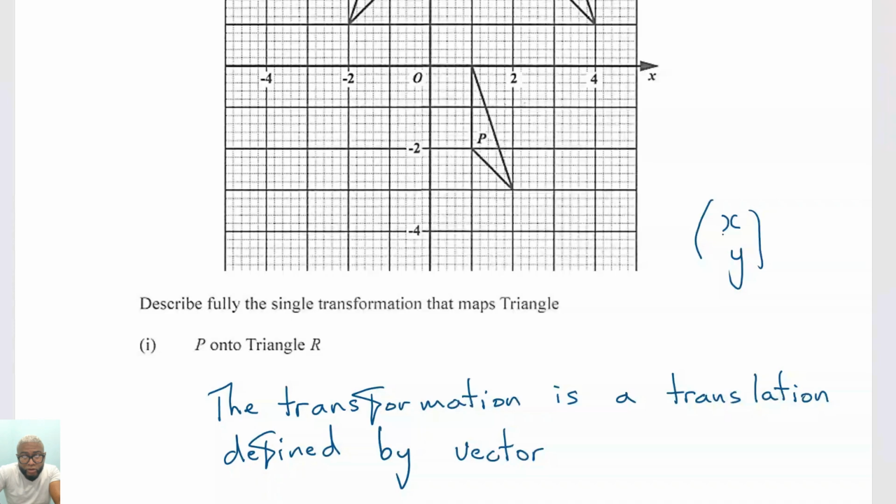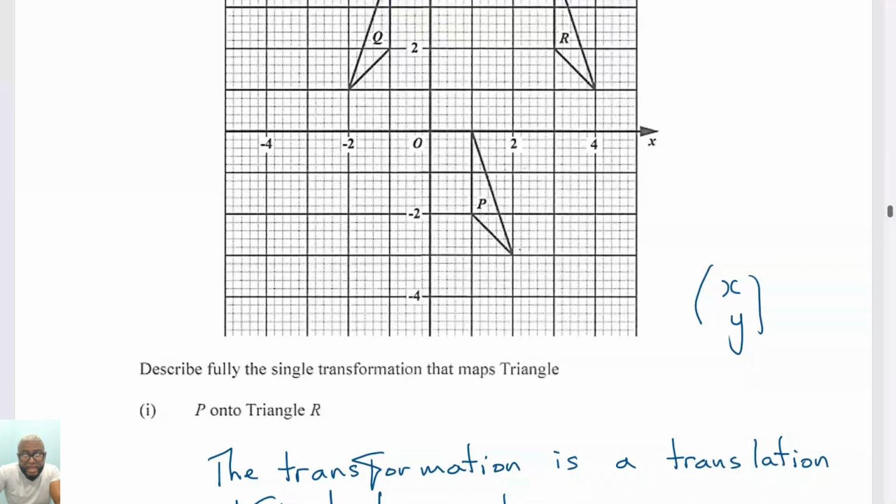You're tracking one coordinate, right? Let me track this coordinate. Are we moving to the left or to the right? Right. So your x is a positive number on top, right? How many spaces do we want to move to get here? How many spaces are we moving to the right? 2. So you know the top number is 2.